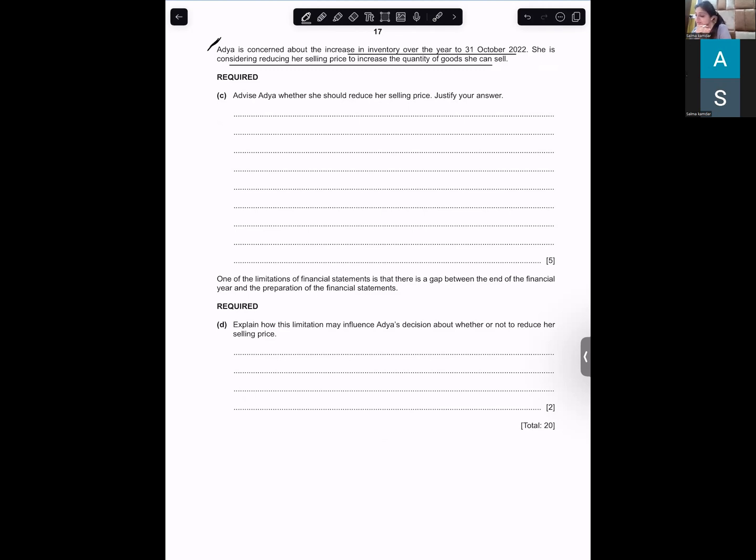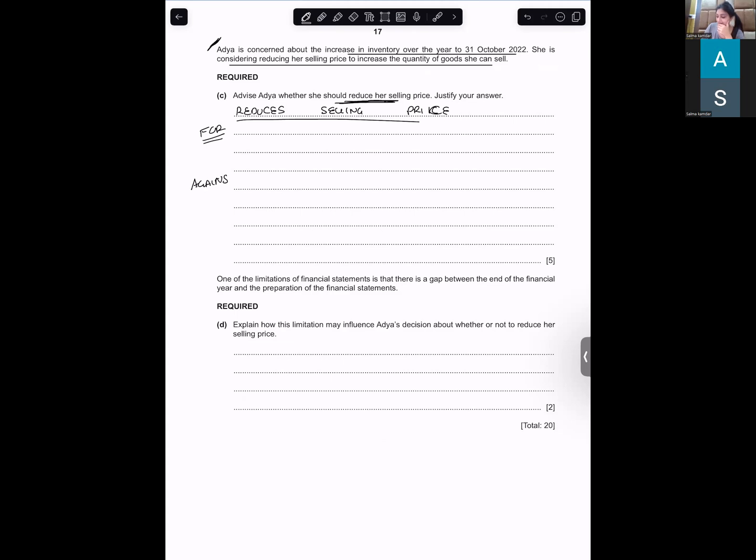If she reduces the selling price, you have to advise on it. So if she reduces the selling price, what will happen? She'll earn a lower profit. First give me the points for, then give me against.